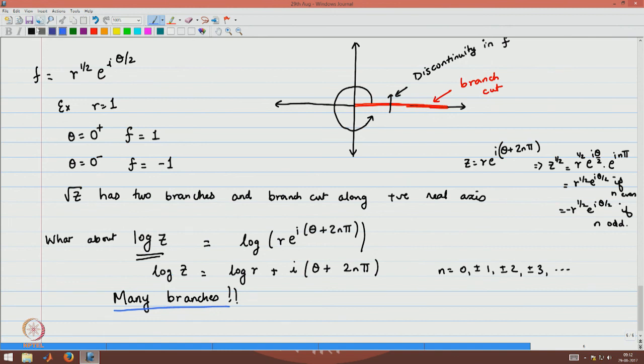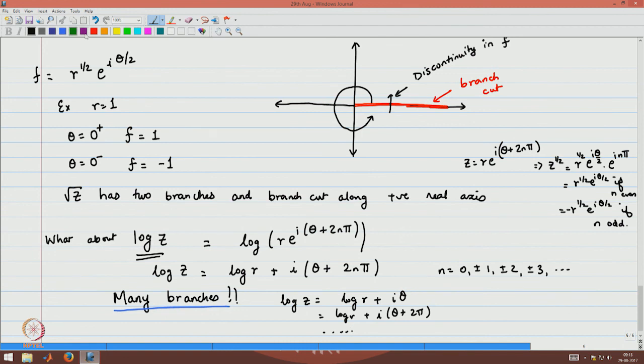And in such a case you say that log z can be equal to log r plus I theta, or log r plus I theta plus 2 pi, plus 4 pi and so on, it can have many branches, okay.